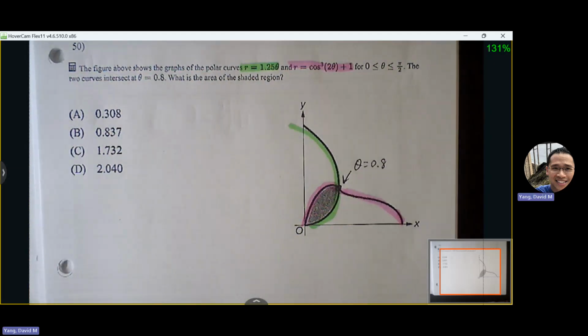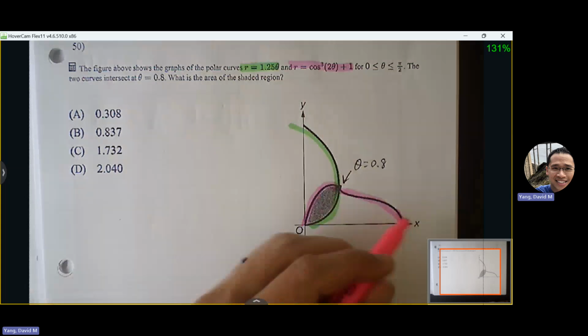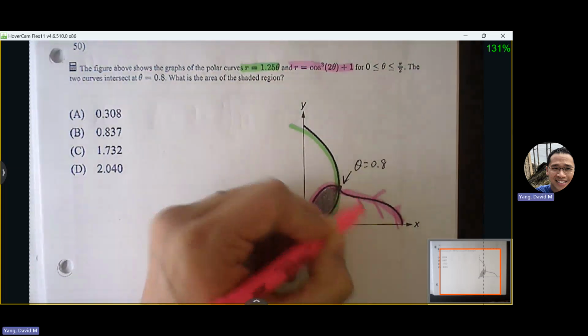If we graphed it, we can see that r equals cosine cubed 2 theta plus 1 starts here at theta equals 0, and it moves in this direction.